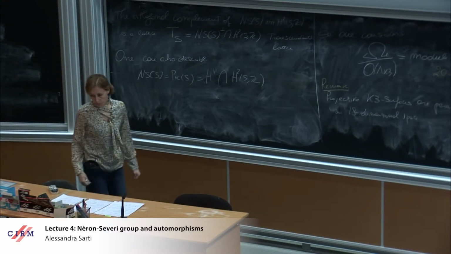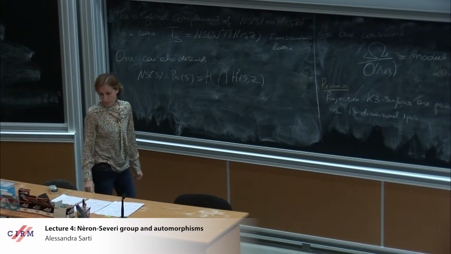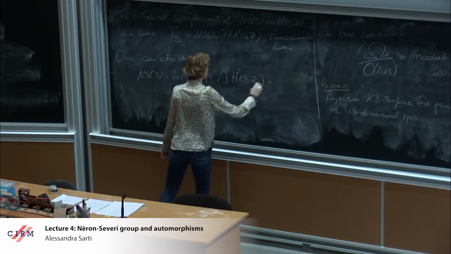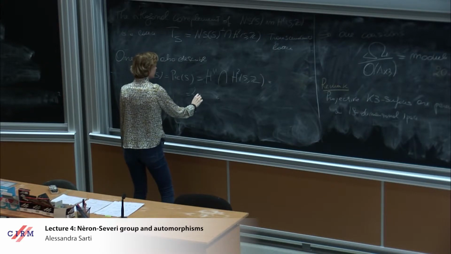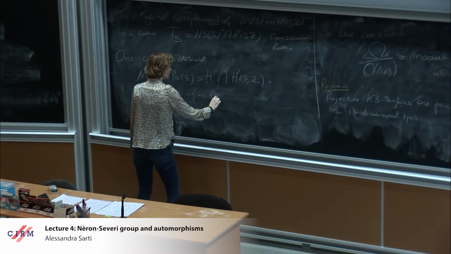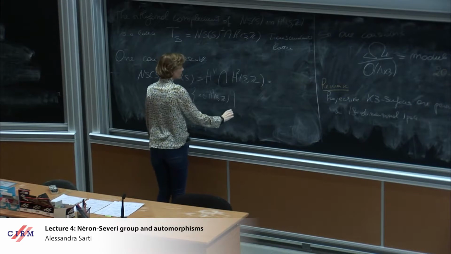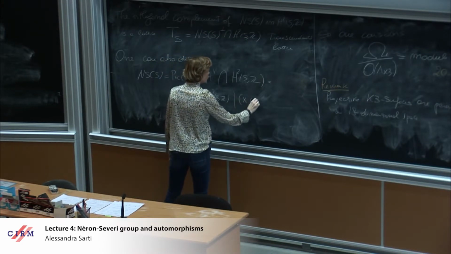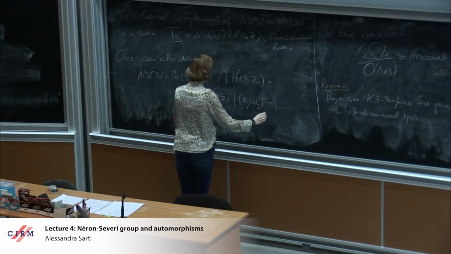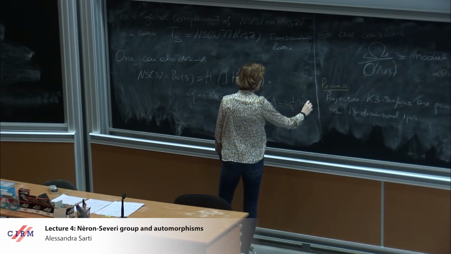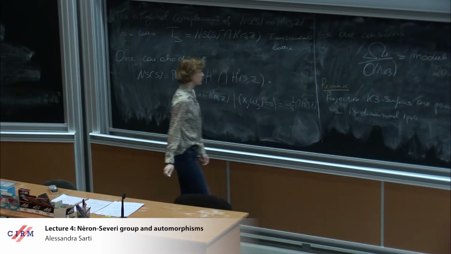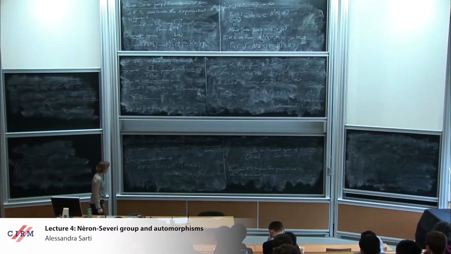Okay, so this is very useful because it gives you also a description as the set of the x in H2(S,Z) such that if I do the product with the two-form, it is 0. So one says that this is also omega_S perp in H2(S,Z). You have different descriptions. This is actually very useful depending on the problem you are studying.